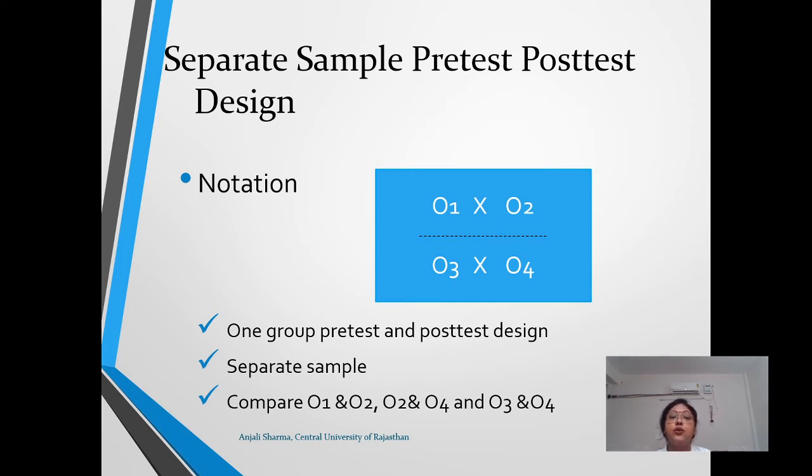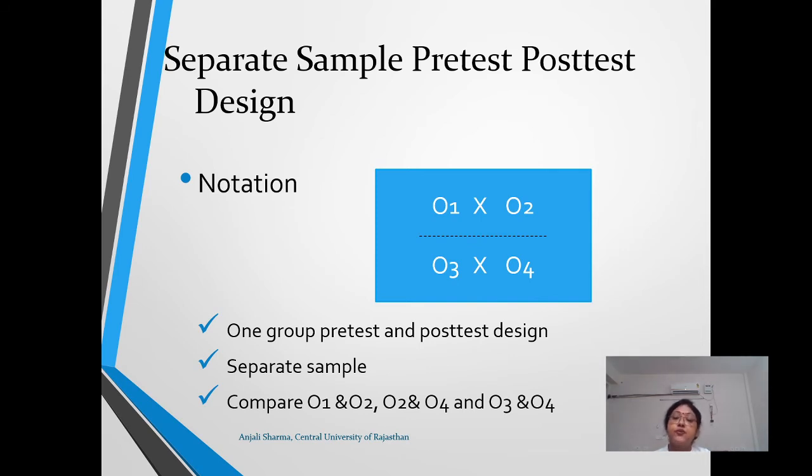Like you see, if you are going to give an intervention in one school, and you are going to give an intervention in another school, they are not related, but you are going to compare to see the impact. So here is O1 X O2, which is one group, and O3 X O4 means it is a second group.